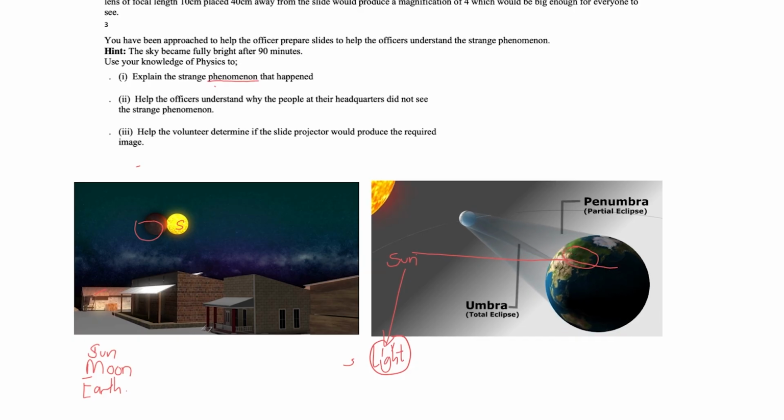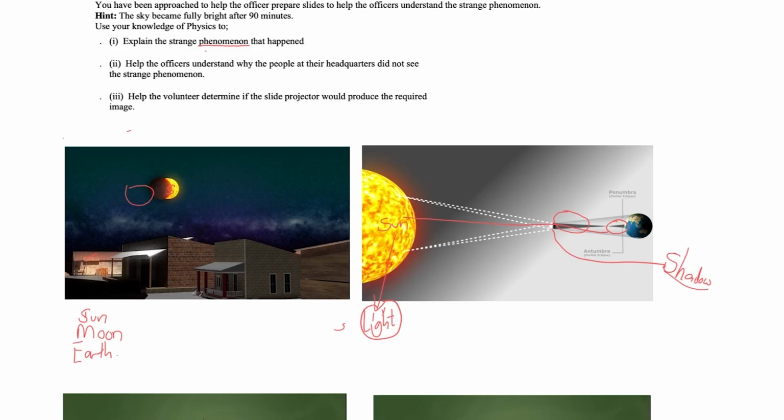That is what we are seeing. Once this phenomenon happens, some parts on earth are in total darkness, where we are seeing highlighted here, whereas other parts on earth are not in total darkness.